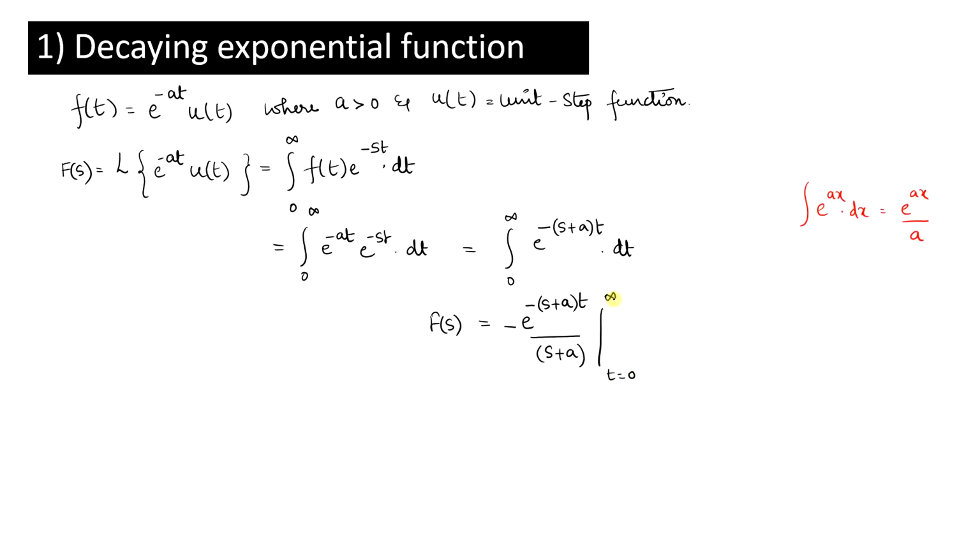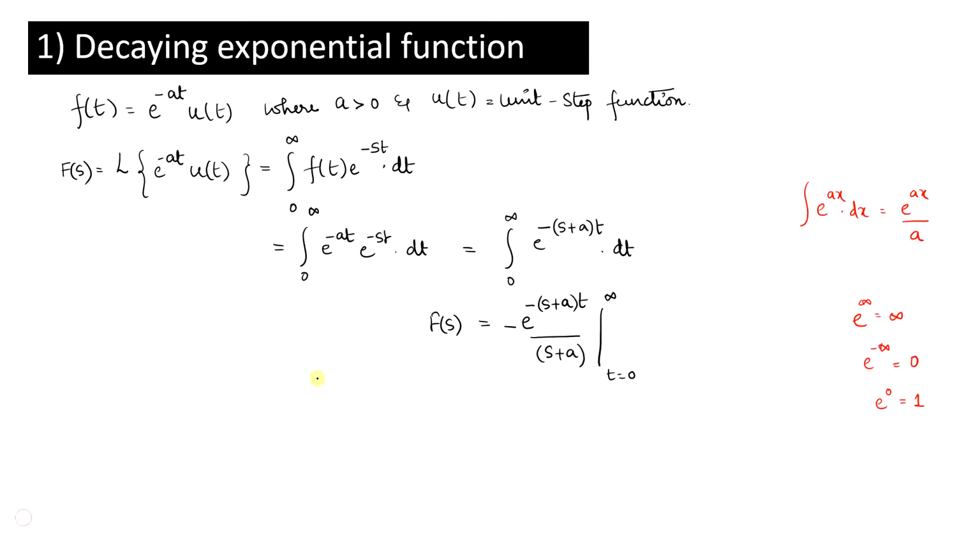If you can again recall, we have e power infinity equal to infinite, e power minus infinity equal to 0, and e power 0 equal to 1. So on substituting, we get e power minus infinity, so this entire term goes off.